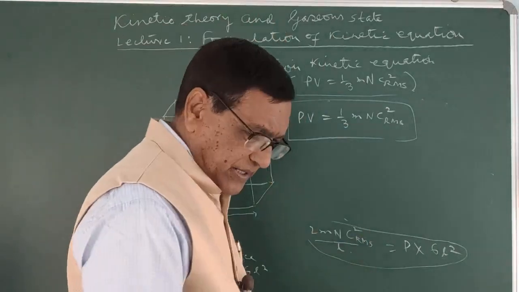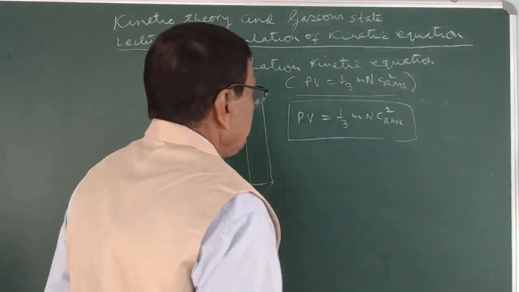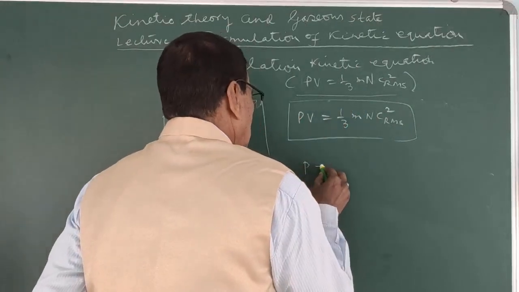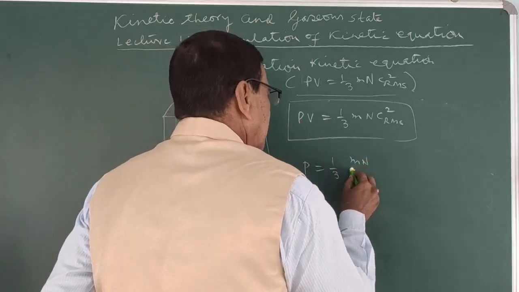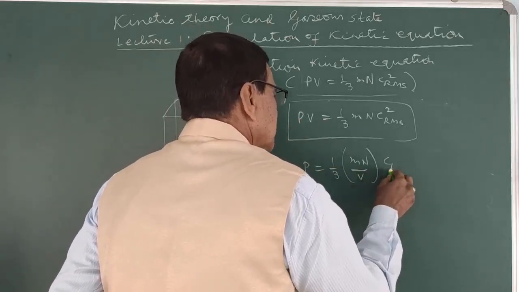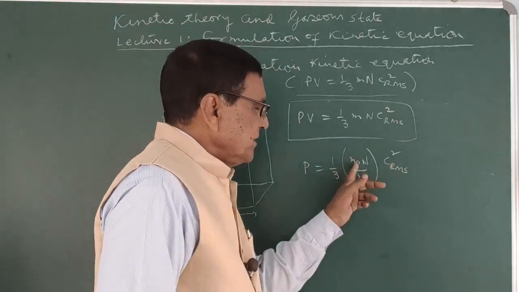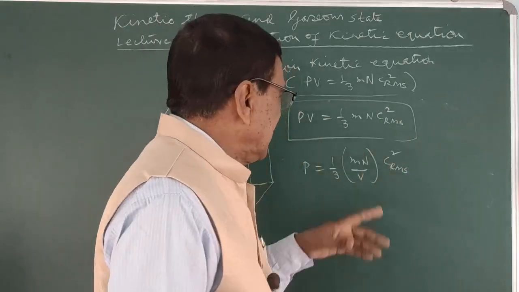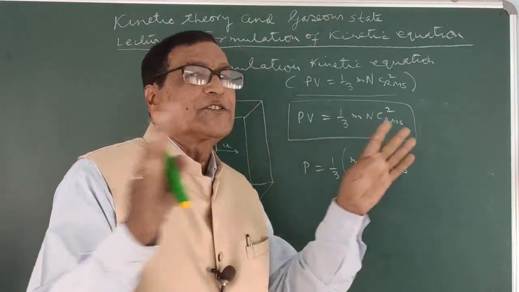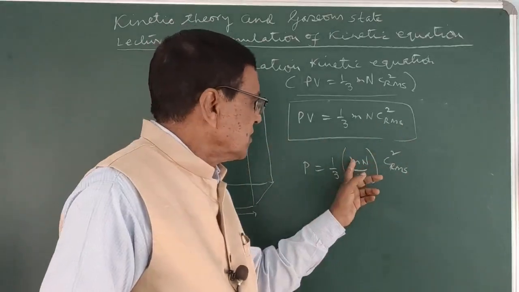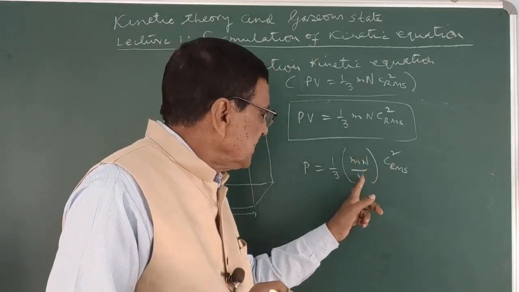Another form we can write is P equal to one third of m N divided by V times c RMS square. Here m is the mass of each molecule and N is the total number of molecules, so m into N is the mass of the gas, and V is the volume of the gas.